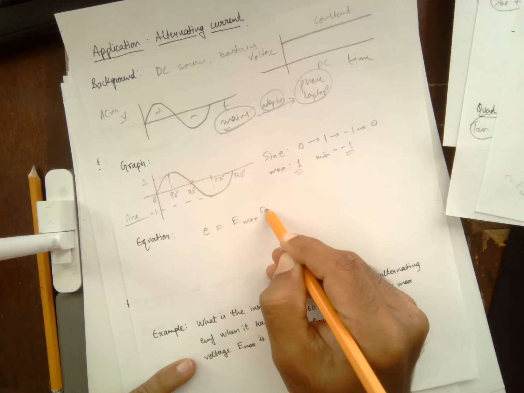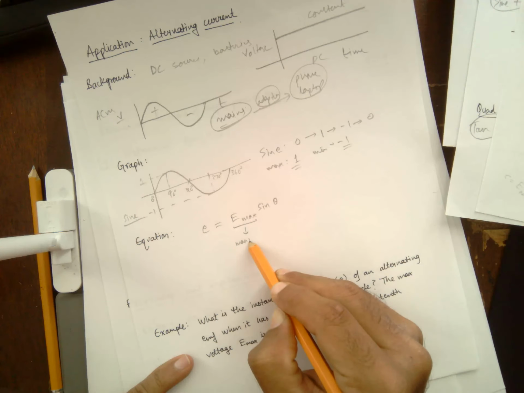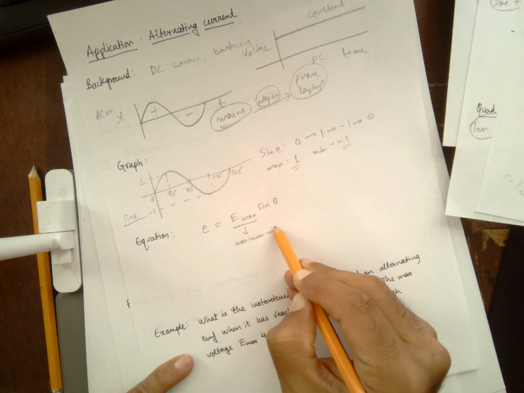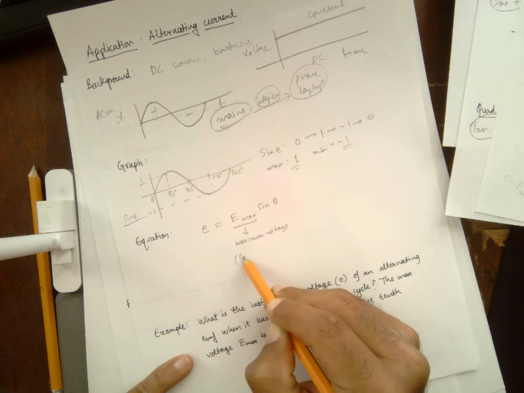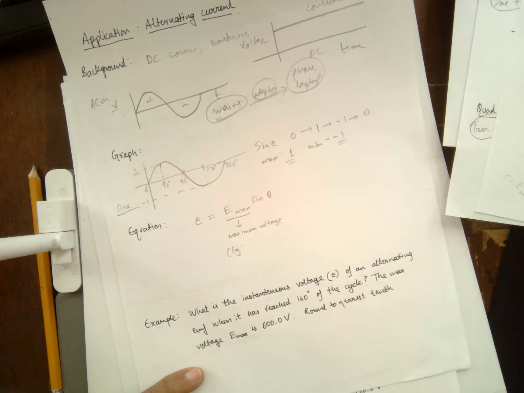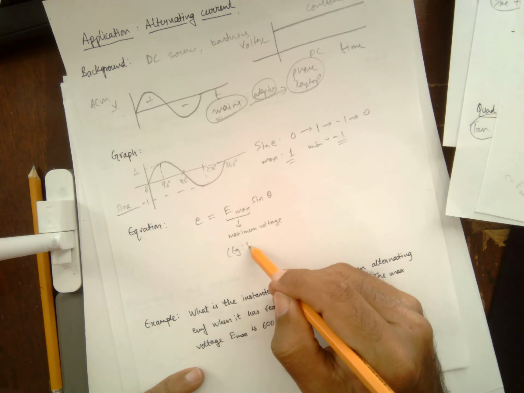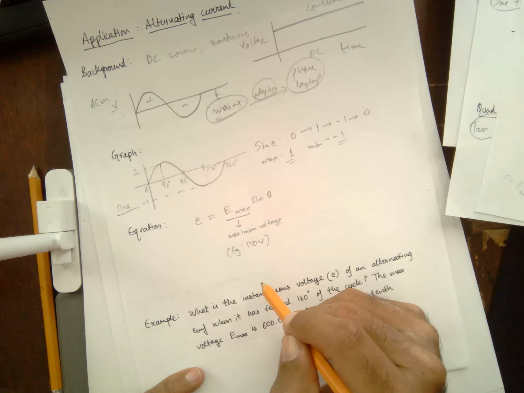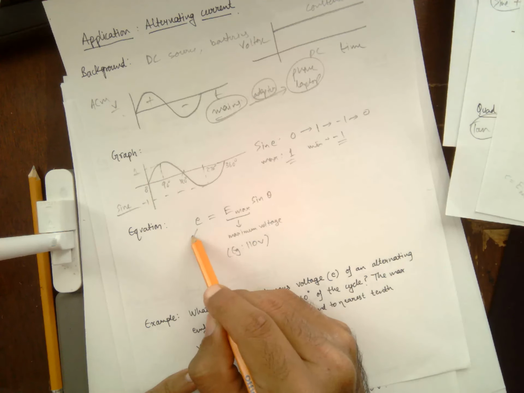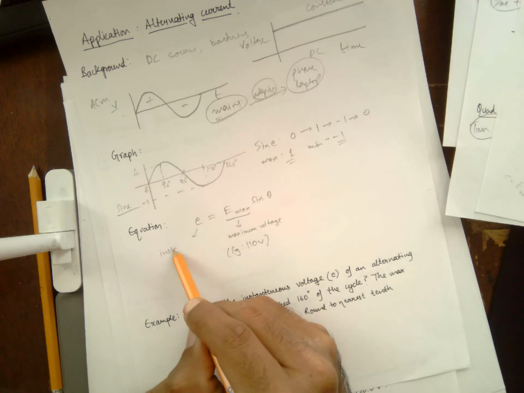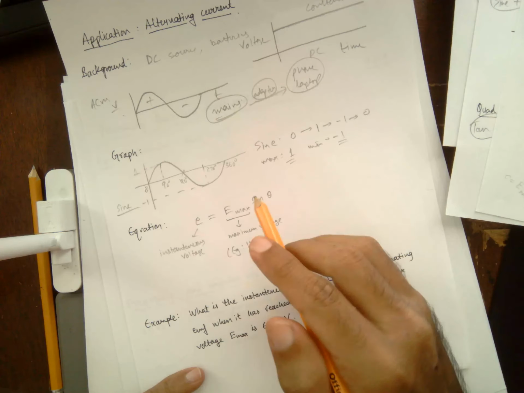Now, what are these things? E max is called the maximum voltage. For example, in the US, this supply is 110 volts. And the small e is the instantaneous voltage, which means at the moment what is the voltage.